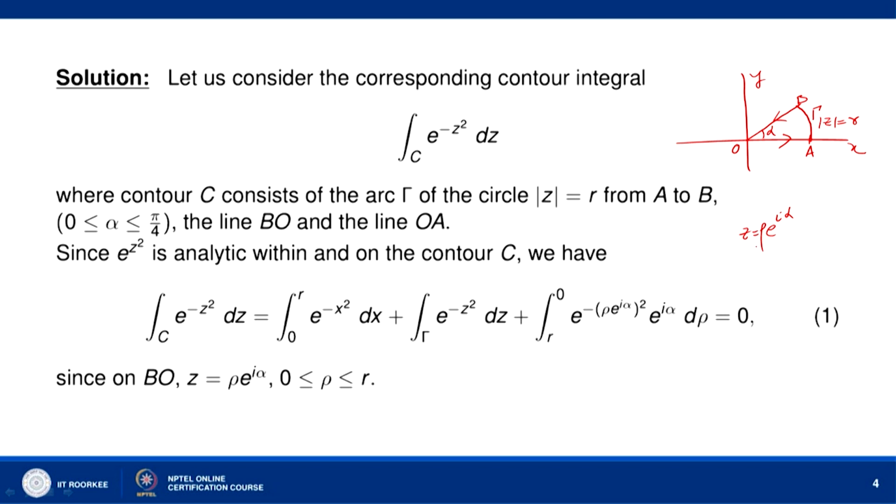So, z equal to rho e to the power i alpha we put here, and then dz equal to e to the power i alpha d rho, because alpha is constant. So, since on BO z equal to rho e to the power i alpha and rho varies from 0 to r, we are coming from B to 0, so we are writing r to 0.